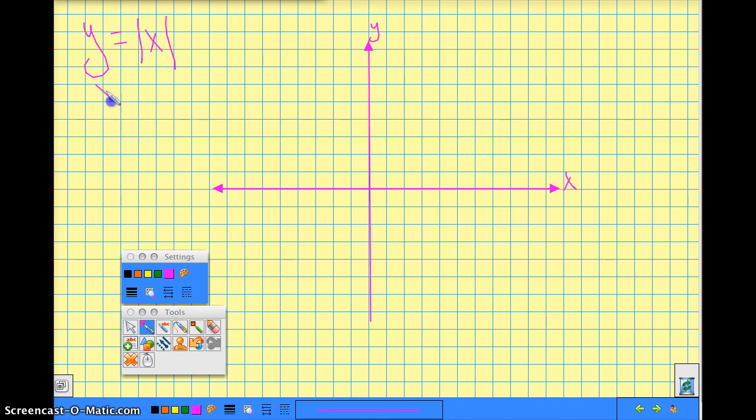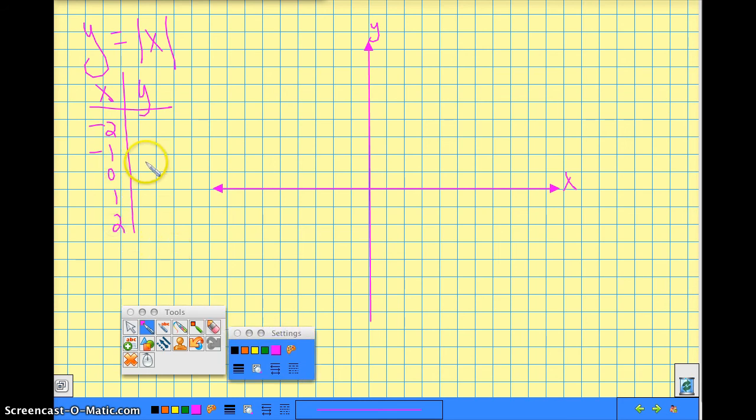So if I was to build a basic table, which is a good thing to start with for any type of equation, even the ones you may not have seen before, and I substituted each of those x's in, the absolute value of negative 2 is positive 2, the absolute value of negative 1 is positive 1, the absolute value of 0 is 0, the absolute value of positive 1 is 1, and the absolute value of 2 is 2. So if I was to graph that, I would plot those 5 points and notice where they form.